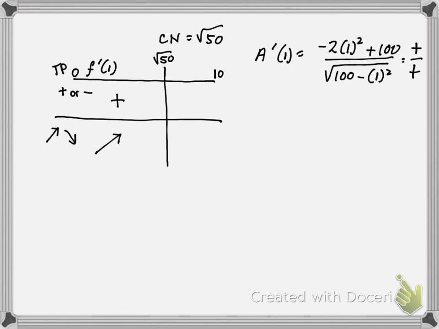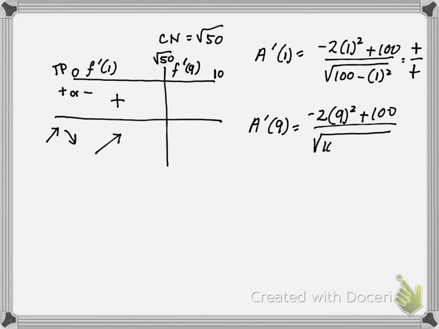Let's use a test point of 9, because that's close to 10. So the derivative of area at 9 equals negative 2 times 9 squared plus 100, all over the square root of 100 minus 9 squared. 9 squared is 9 times 9, which is 81, and then we double that.